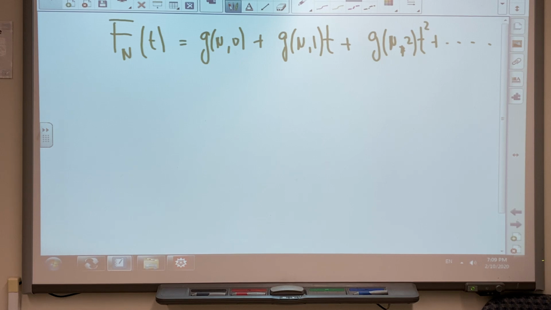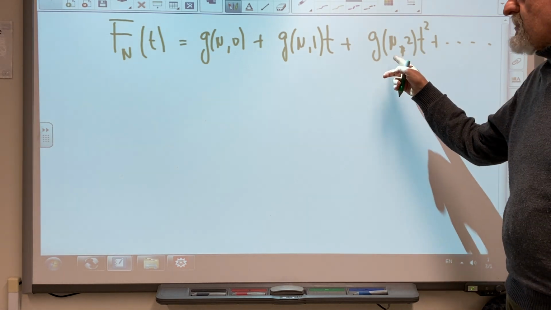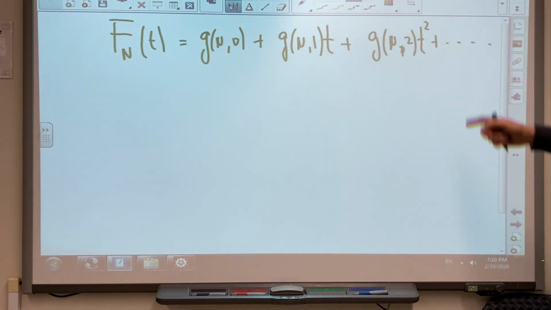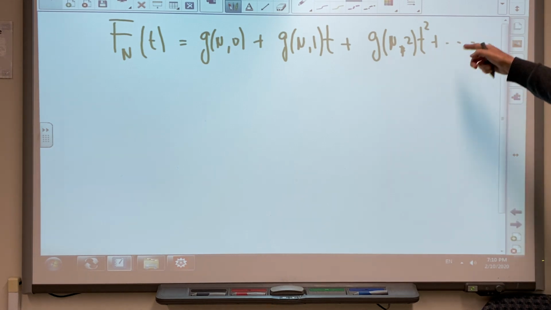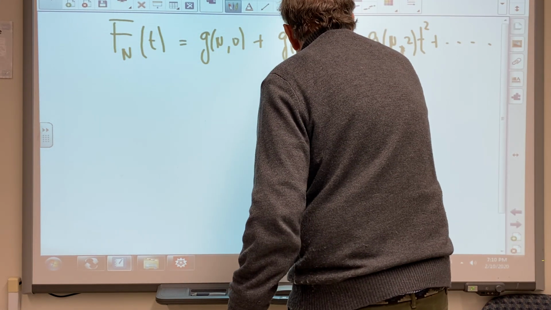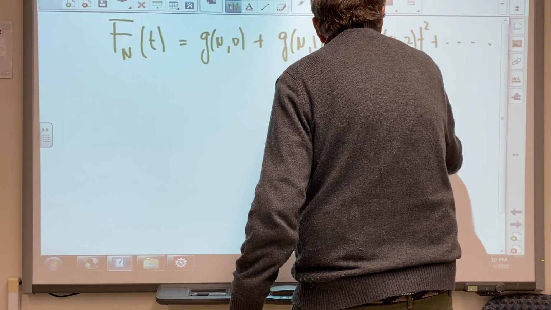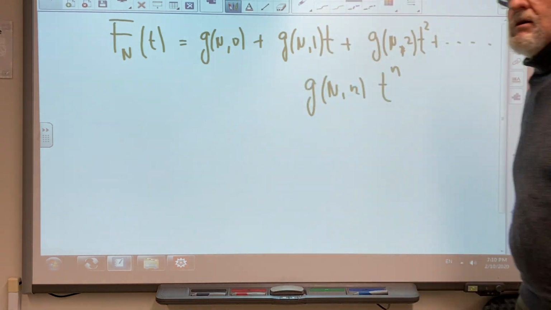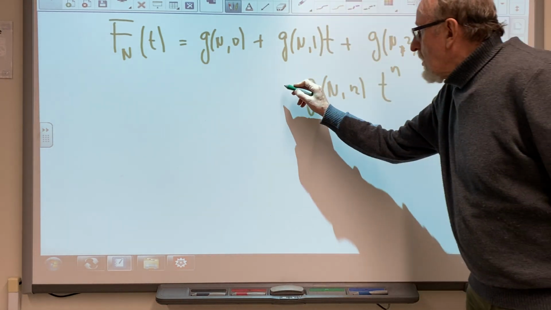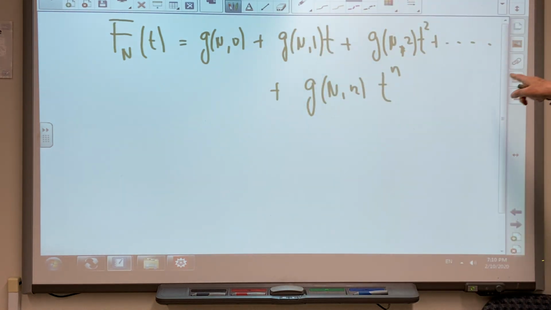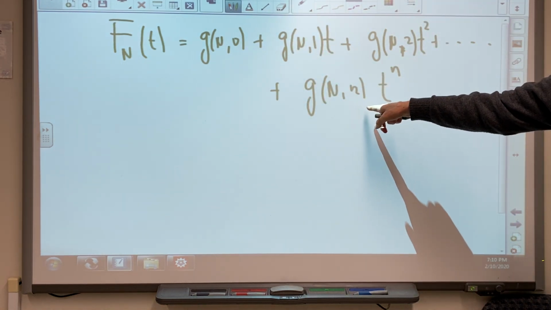Why do we do this? Because I am showing you another way of obtaining the same result, okay? So I create a mathematical function that somehow contains in itself the solution I'm looking for, because all these coefficients are precisely the term n, which will be g of n little n times t to the n. So one of the terms in this sum will contain precisely what I want to solve.